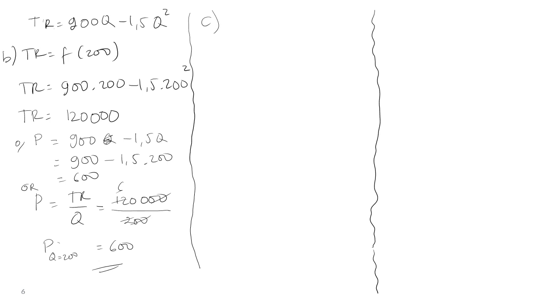Now C. What is the marginal revenue from 200 to 250? Let's first find the TR at 250, because you know that MR is delta TR over delta Q, and we need TR at 250 minus TR at 200, over 250 minus 200.